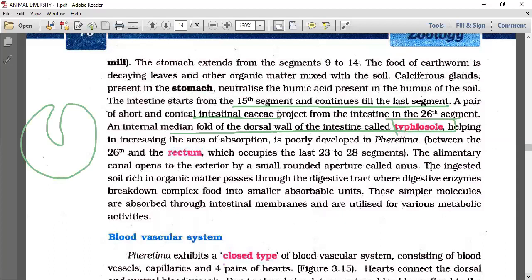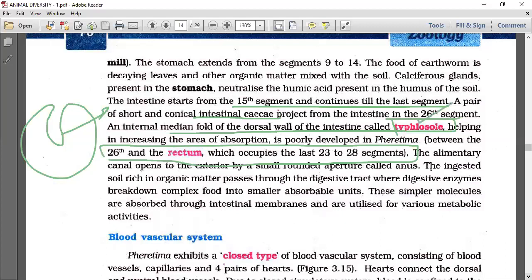It helps in increasing the area of absorption and is poorly developed in the peritoneum between the 26th segment and the rectum, which occupies the last 23 to 28 segments. This is the line always confused, that's why I focused here from the beginning. So I simply made it three parts: pre-tiflosolar, tiflosolar, and post-tiflosolar.